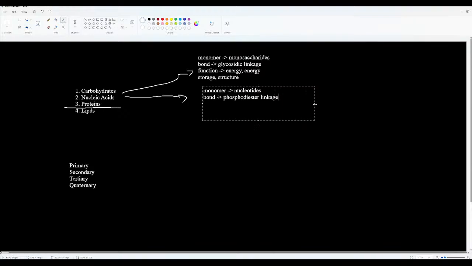Quite a mouthful. And the function is for genetic information utilization.